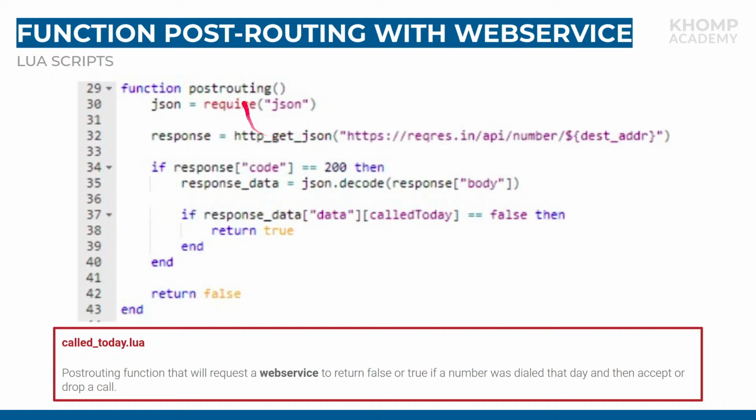So this is another kind of post routing. We are accessing a web service via this requirement. Depending on the logic you put in your web services, that is a very powerful way to improve the customization of your routing.